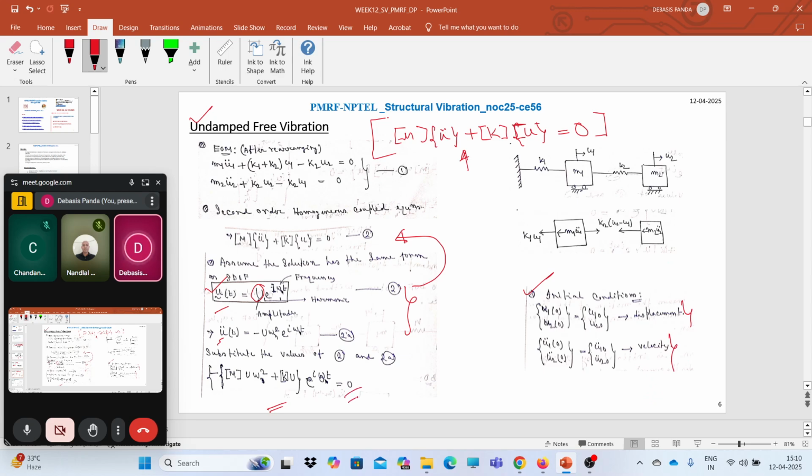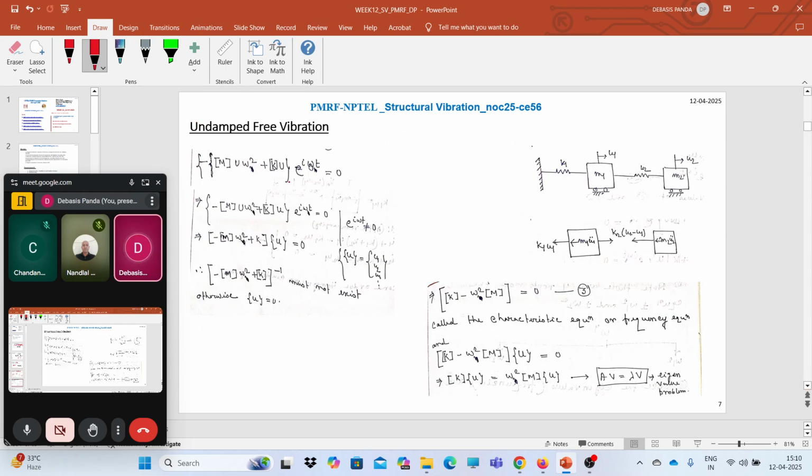Now we can easily work with this equation. If we further simplify it, we are left with minus m u omega n square e to the power i omega t equals 0. Now e to the power i omega t cannot be 0, because we have taken this as one of the solutions for this equation of motion.